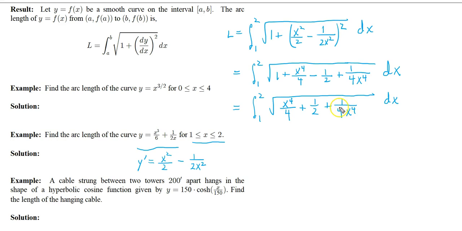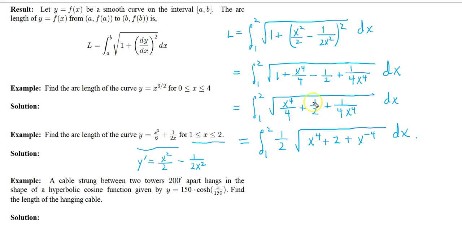Now let's factor a 1/4 out of each of these terms, in which case we're going to get this. Just notice when we pull a 1/4 away from each term, we're left with x to the fourth here.